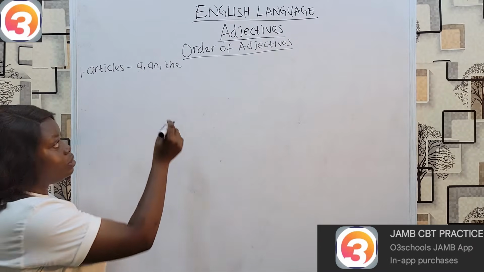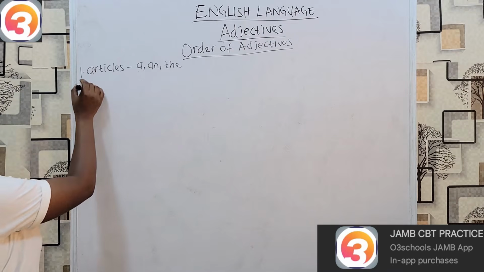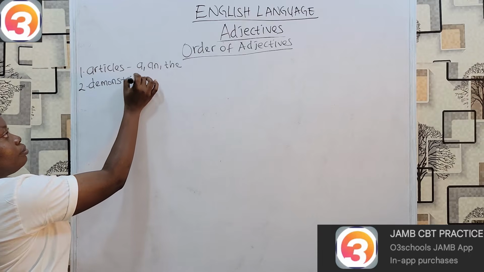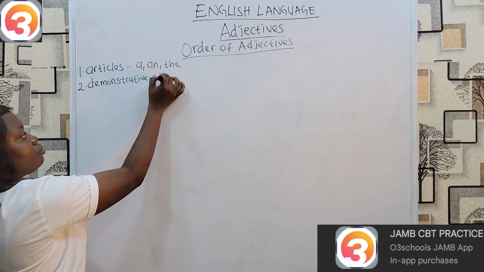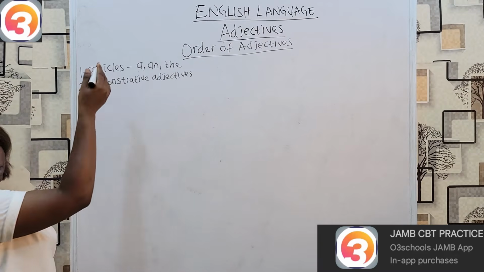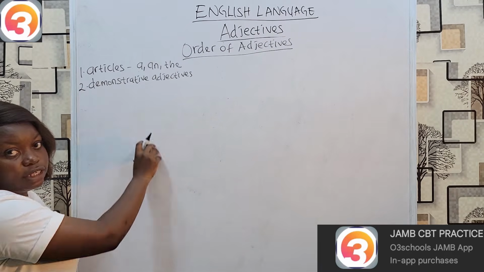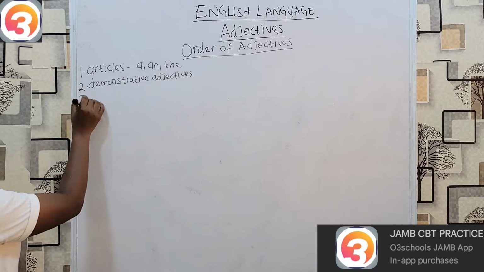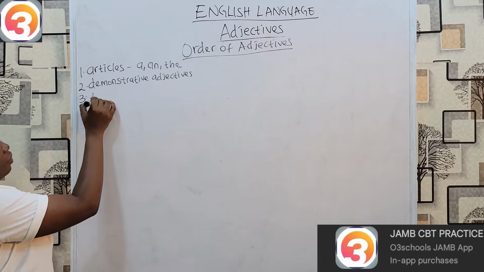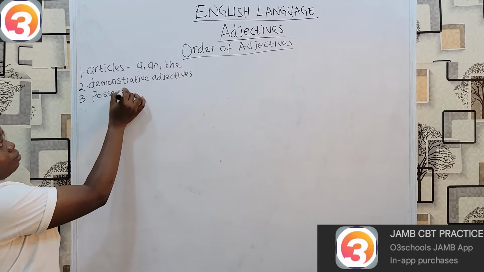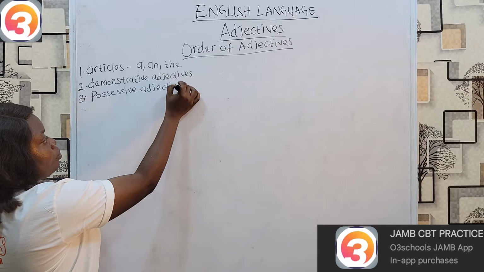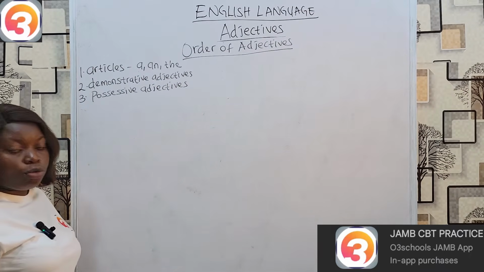If there are articles there, we start with the articles. Next, we have demonstrative adjectives. If there are no articles, demonstrative adjectives should take the lead. Next, if we do not have demonstrative adjectives, you use possessive adjectives. Possessive adjectives should come next.